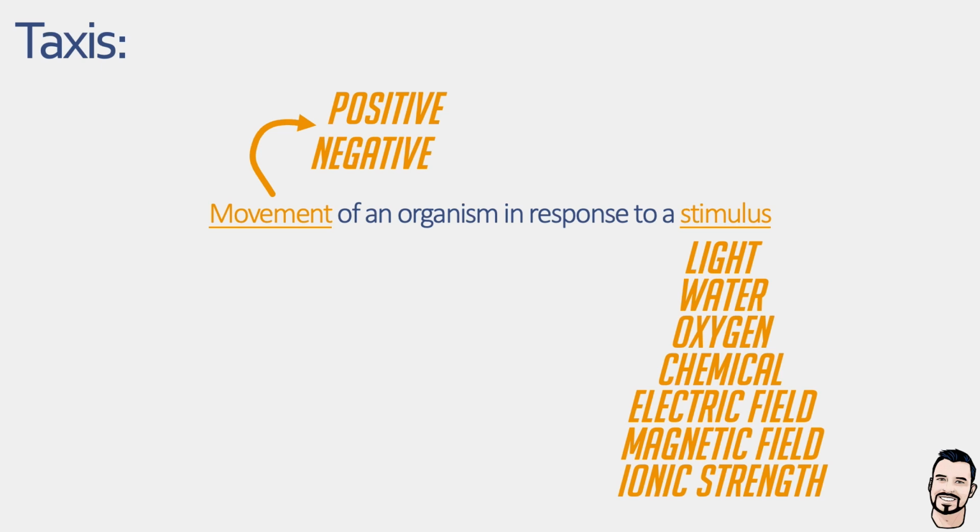But before that, just some other less well-known taxis. We have cells that can respond to electric fields, known as galvanotaxis, magnetic fields, known as magnetotaxis, and ionic strengths, known as osmotaxis.